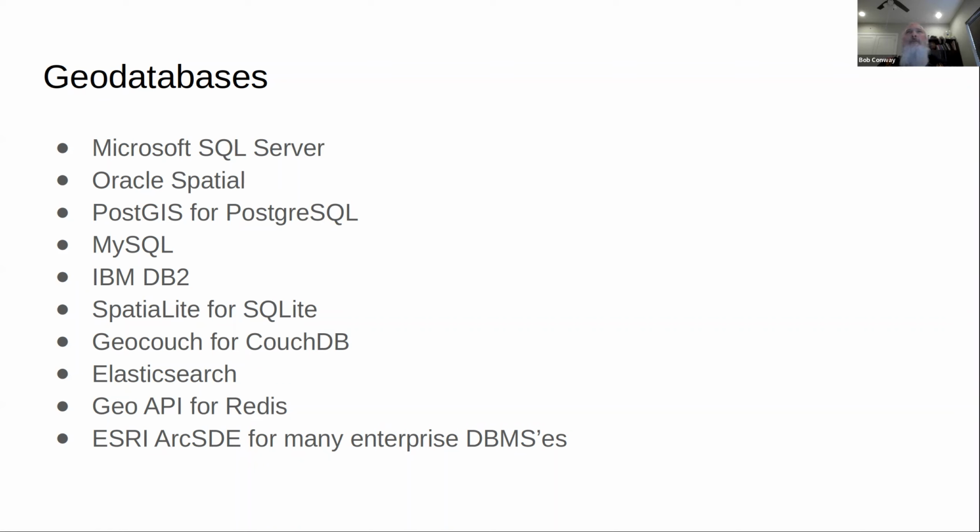Examples of databases with spatial support include Microsoft SQL Server, Oracle Spatial, PostGIS for PostgreSQL, Spatialite for SQLite, and Esri ArcSDE for several relational enterprise databases already mentioned here. You may also notice some NoSQL databases listed here, such as CouchDB and Elasticsearch.